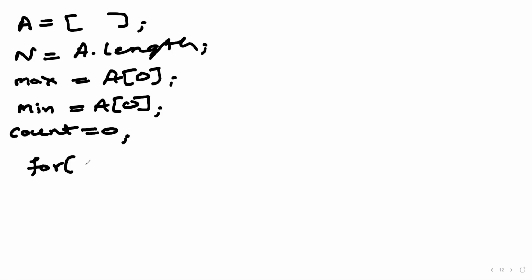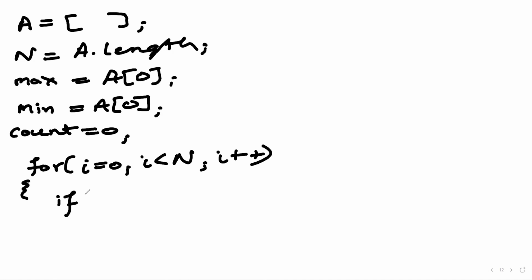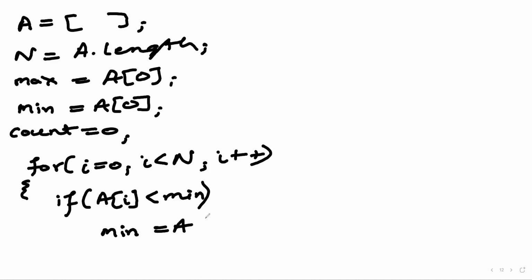Now I can run the for loop from i equals 0, i less than n, i plus plus, and if a of i is lesser than min, then we would update the value of min and assign the value of a of i.